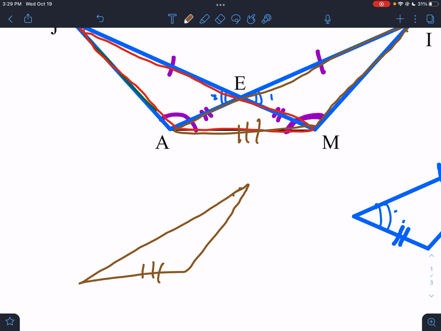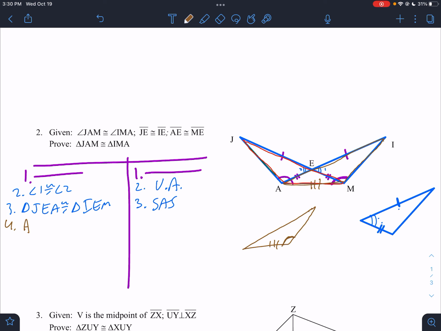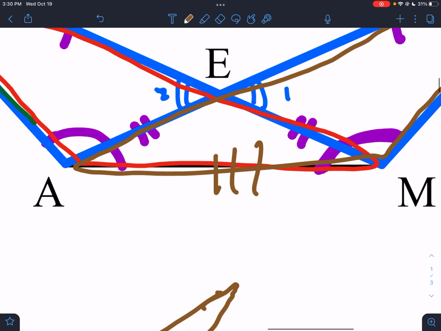We also already have this corner. This corner was from the given. So that shared side, we can say AM is congruent to AM. And that is reflexive. Okay, we still need something else. Brown and red both use the side AM.